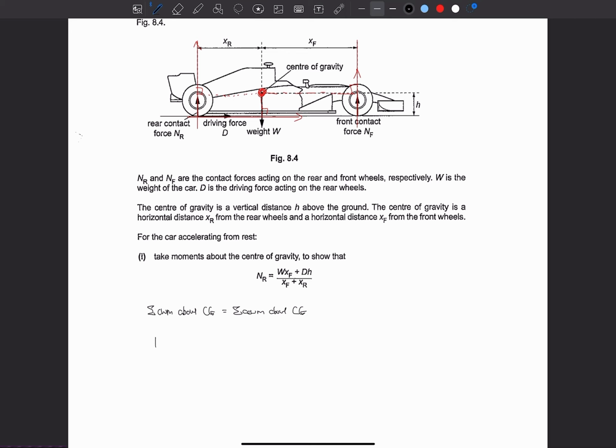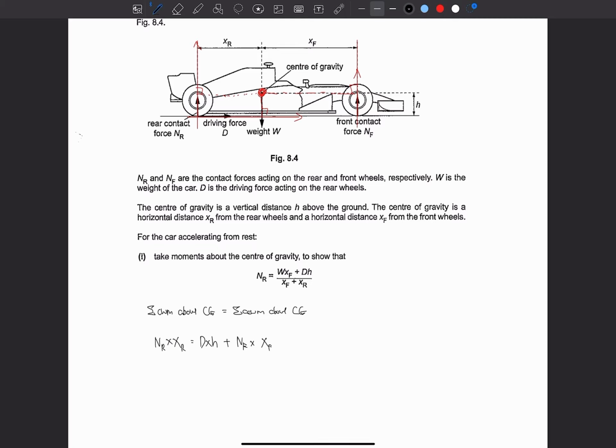So the clockwise is NR force times the distance, which is XR. And the anti-clockwise would be driving force D times H plus normal contact force NF times XF. Oh, it's getting complicated.